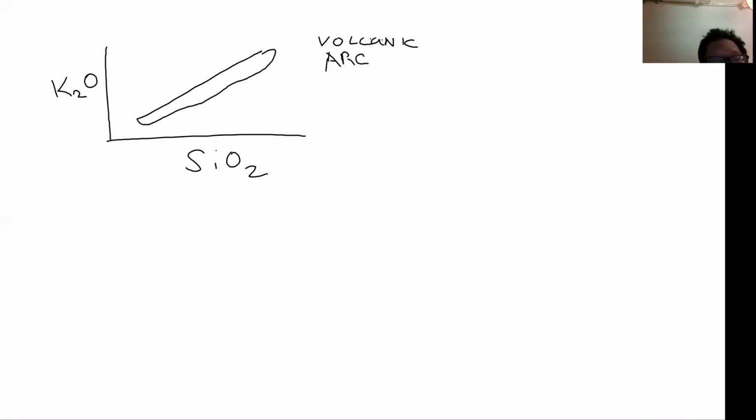And it turns out potassium, up until you get to very high potassium content, is actually almost perfectly incompatible. Silica is not. But if potassium is perfectly incompatible and you start off and say something here is your C0, and you're looking at here like a rhyolite, C melt, then you can calculate the Cm over C0, approximately 1 over F.